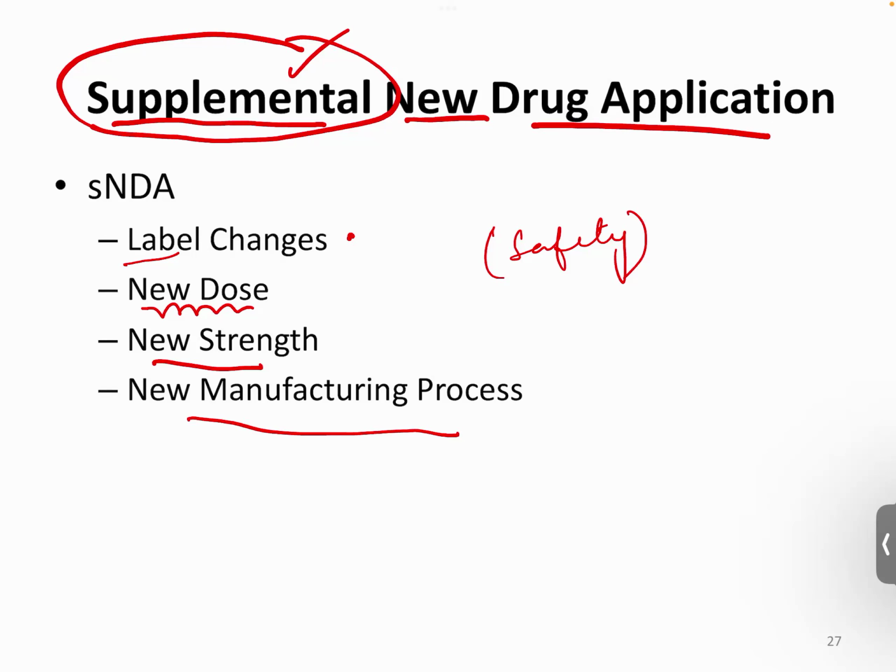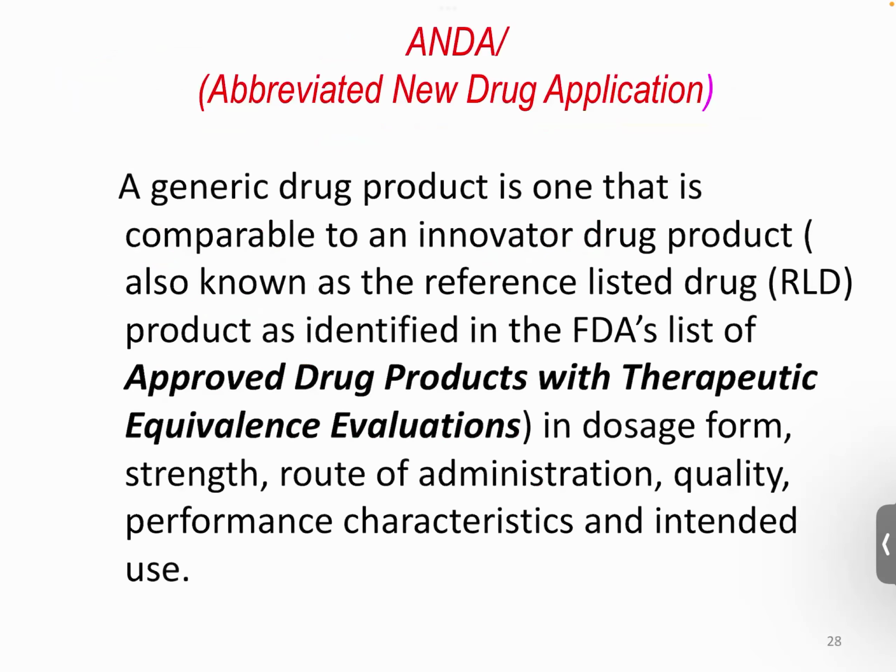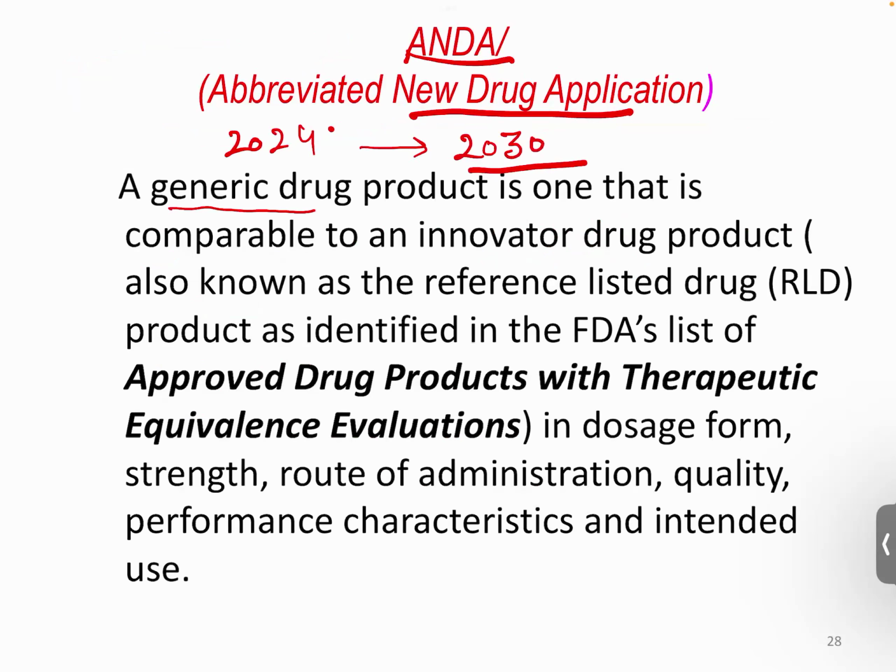Now, this one is quite popular: the abbreviated new drug application. Suppose you have approved a drug in 2024 and its patent is expiring in 2030. That means after 2030, this product is open to the generic market. Suppose Pfizer had the license. Now in 2030, if it expires, this license is over.